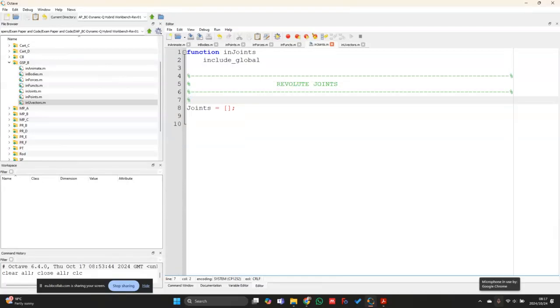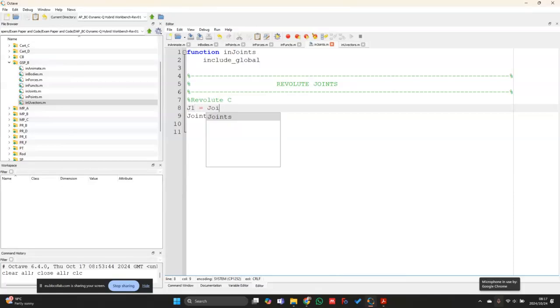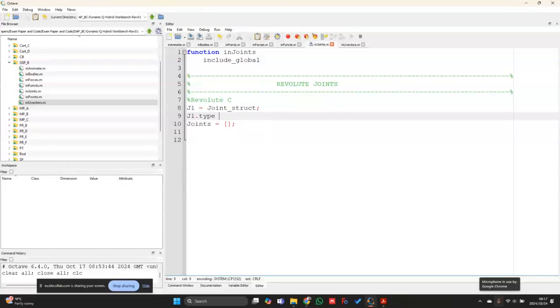So I'm going to start off with revolute joint, let's make it C. The first thing that I want to say is J1 is a joint structure. J1.type will then be a revolute joint.